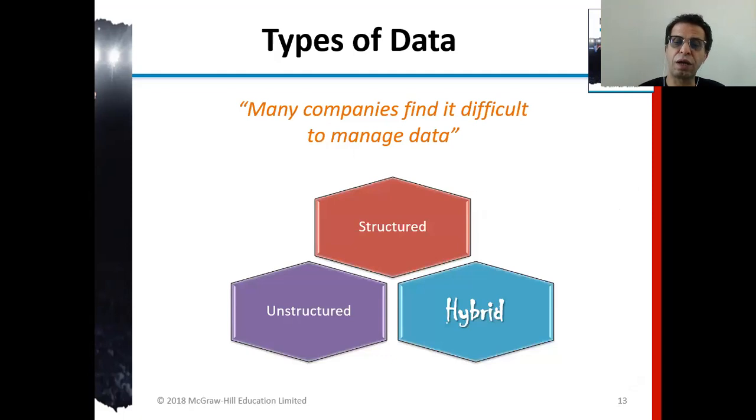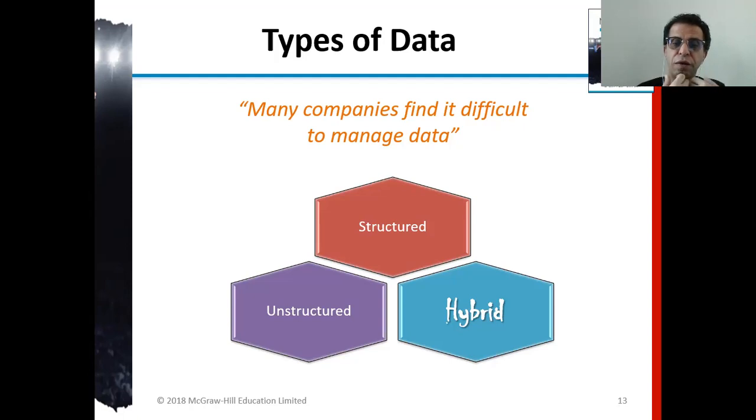So what kind of data do we have? Our first step of marketing research is to collect data, so we want to know what kind of data we have in order to do the research.